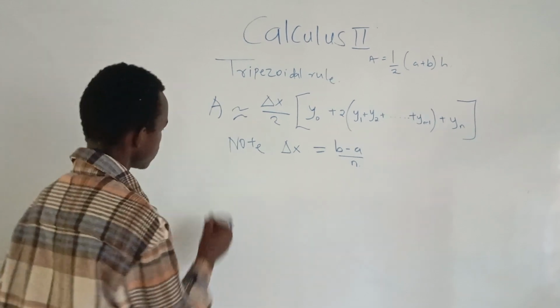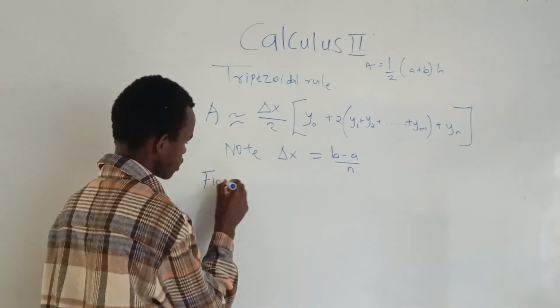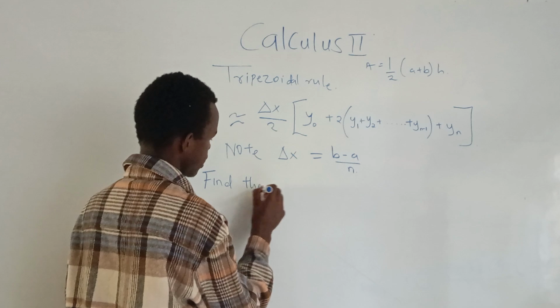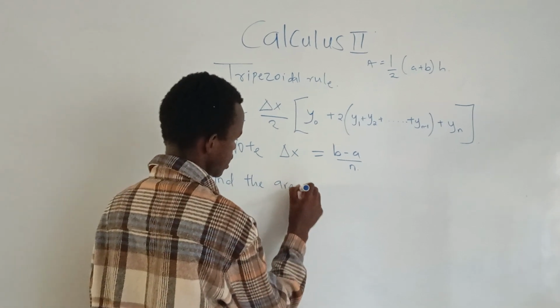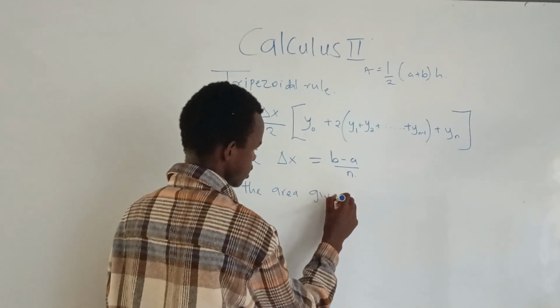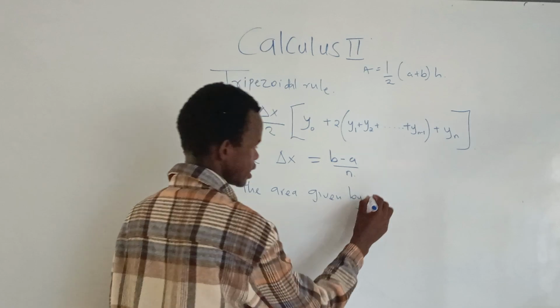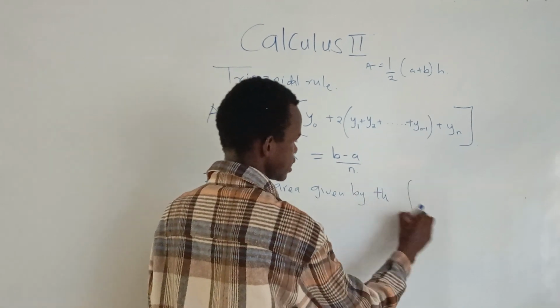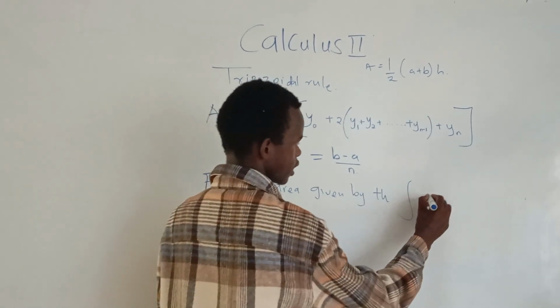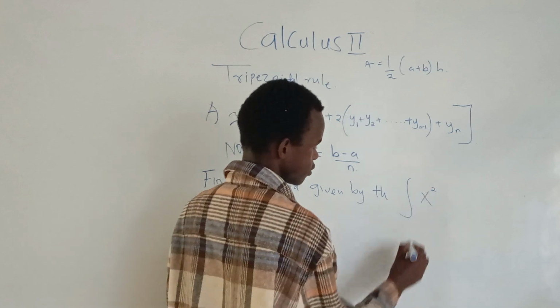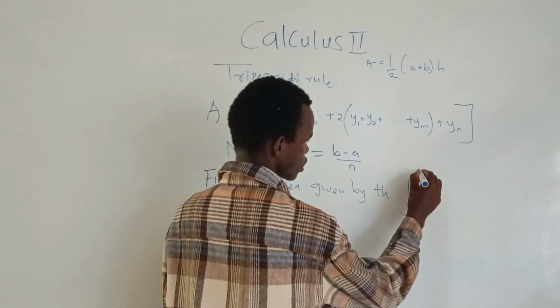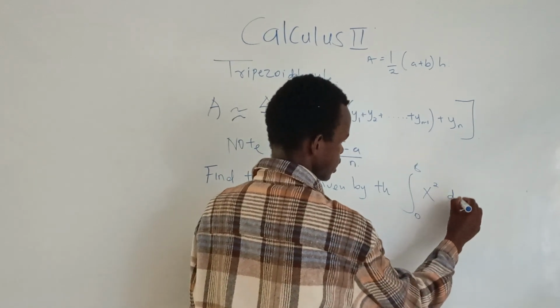Find the area given by the integral of x squared from 0 to 8 dx.